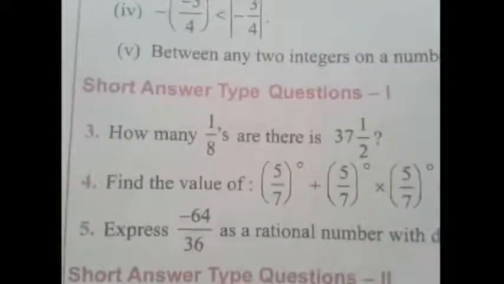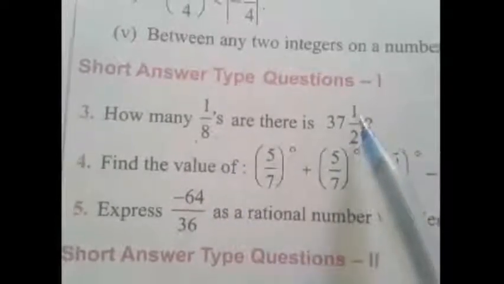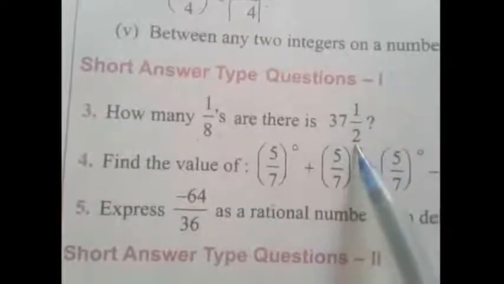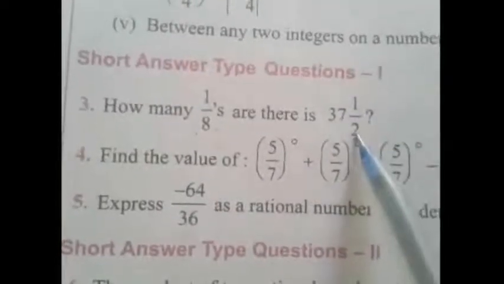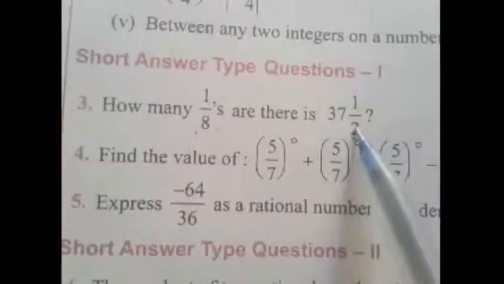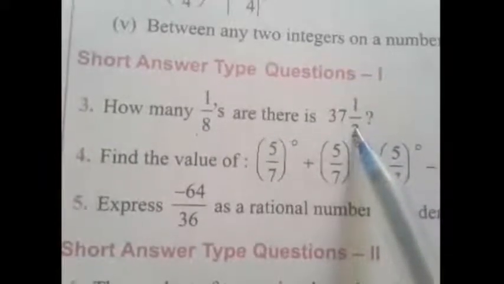Hello student, let us see question number 3. How many 1 by 8s are there in 37 and 1 by 2? It means if we divide the given mixed fraction 37 and 1 by 2 by 1 by 8, how many 1 by 8s will we get?